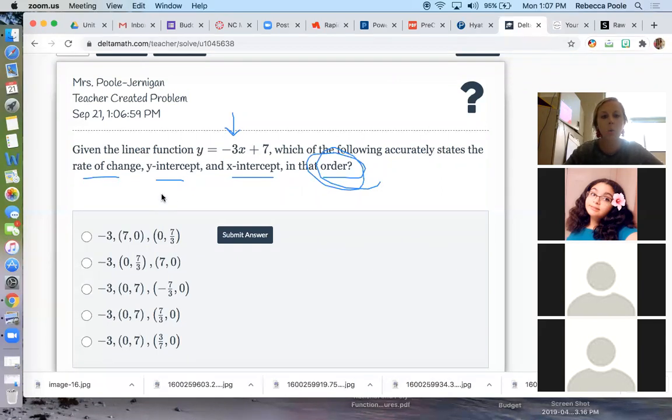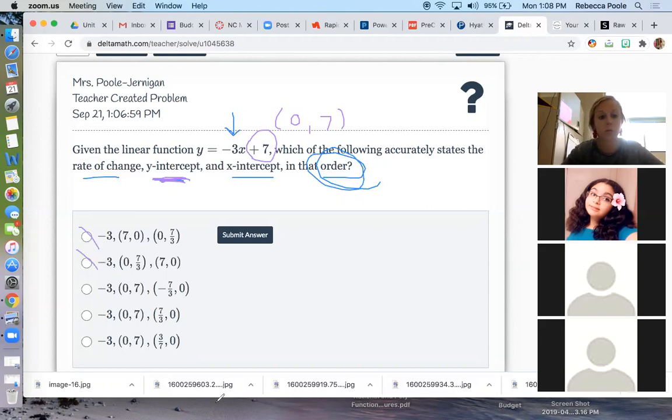What is the y-intercept? 7. Okay, 7. And let me ask y'all a question about y-intercepts. If it's a y-intercept, what should the x value be? 0. There we go, children. So which answer choices don't say 0, 7? The first two. Good.